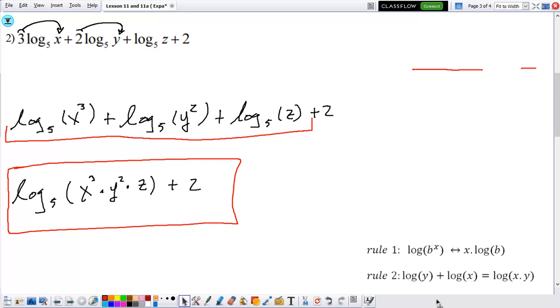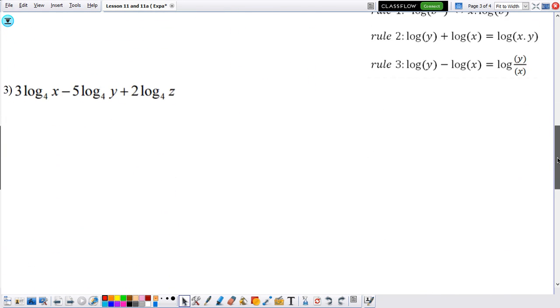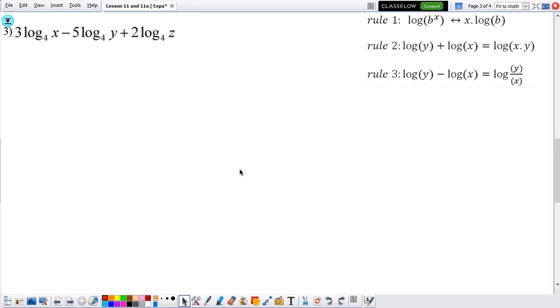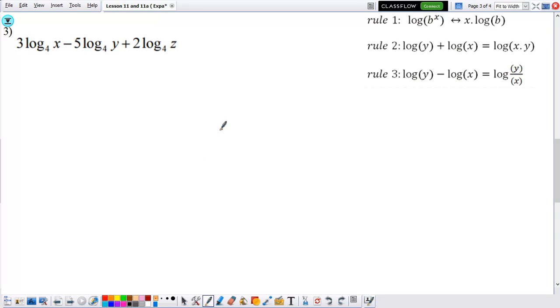So lastly, let's look at example 3. Now, here's a tip. When you're adding or subtracting logarithms, the order doesn't really matter. So what I like to do is every time you see a subtraction of a logarithm, I'm just going to rewrite the expression and put that subtraction all the way to the end.